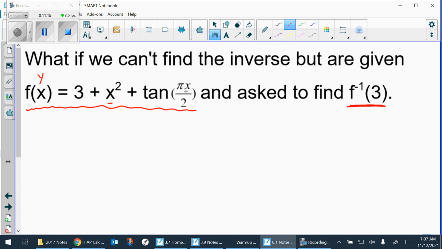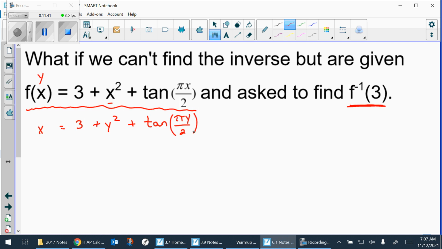I'm going to switch the roles and try to find the inverse. And again, don't write this down. I would say x is equal to 3 plus y squared plus tan of pi y over 2. Switch those around, the x's and the y's.